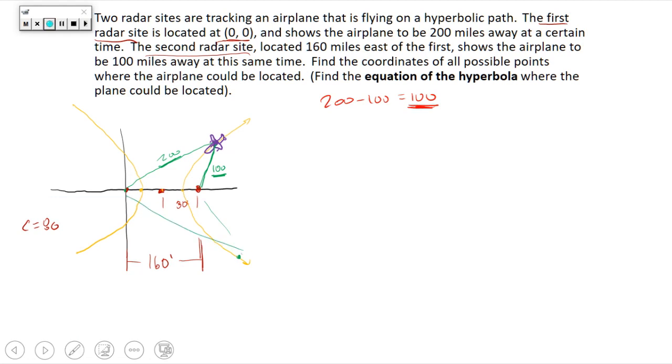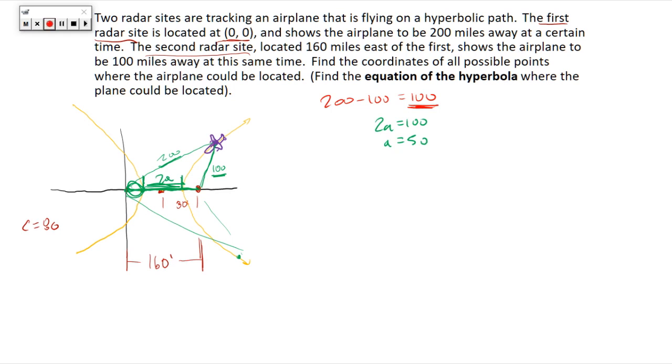And if we select this point right here and apply the same definition, that distance minus this distance is equal to this distance right here, which is 2a. So we know that 2a is equal to 100, therefore a is 50.